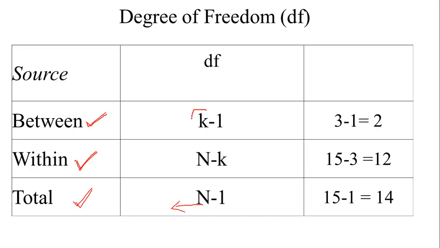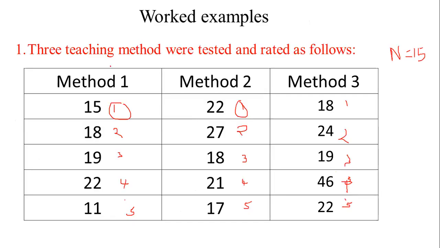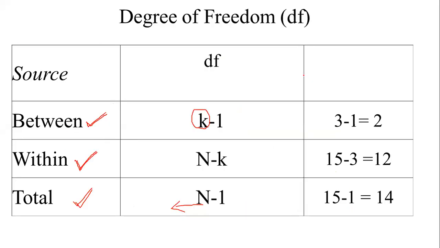Now K represents the number of groups. So we have group 1, group 2, group 3. So K represents the number of groups, and in this case, we have 3 groups.